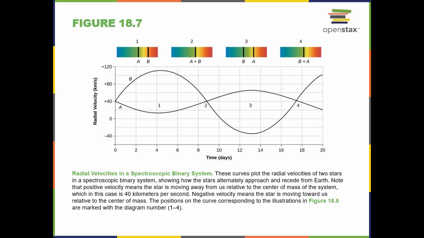When they're both moving at the same velocity, we have A plus B, and that's position 2, and what we see is that the lines overlap. And then at 3, A is moving away from us and B is moving towards us. So A is red shifted and B is blue shifted.